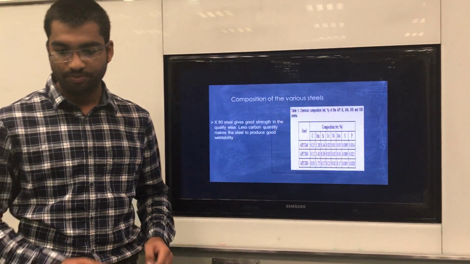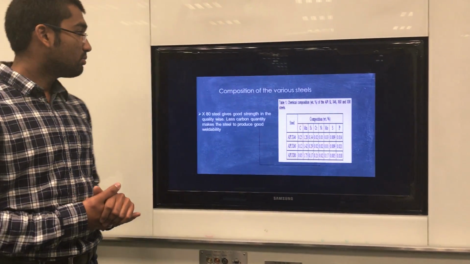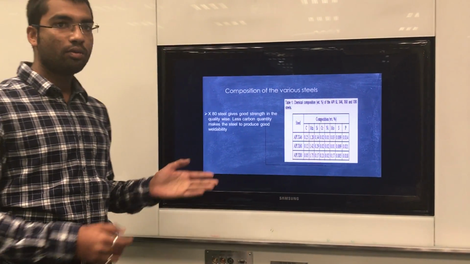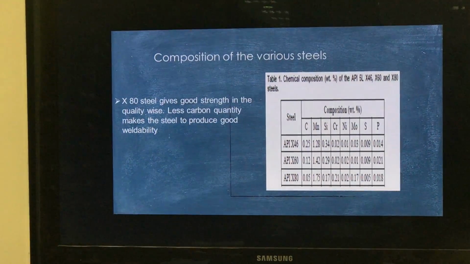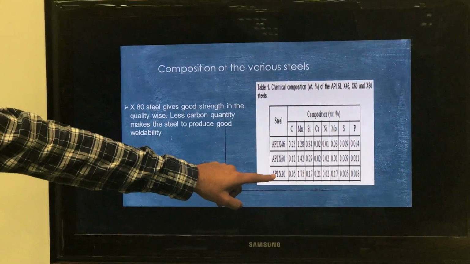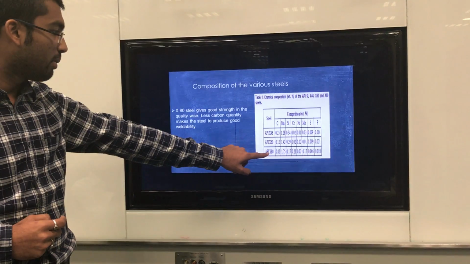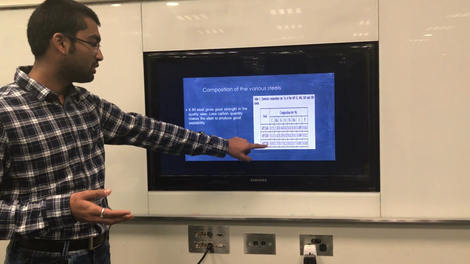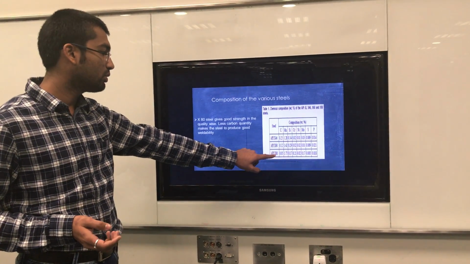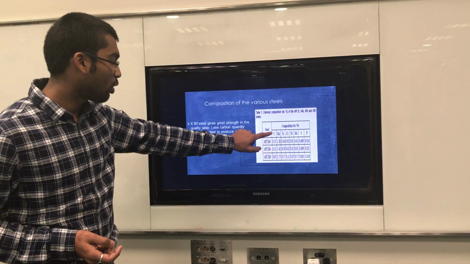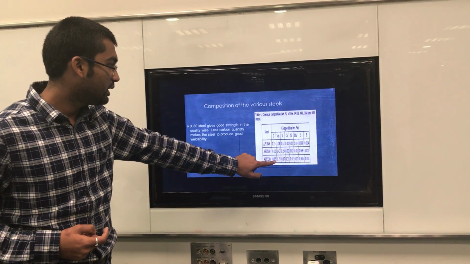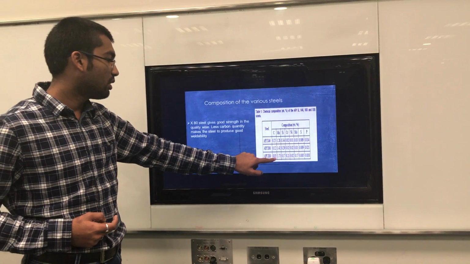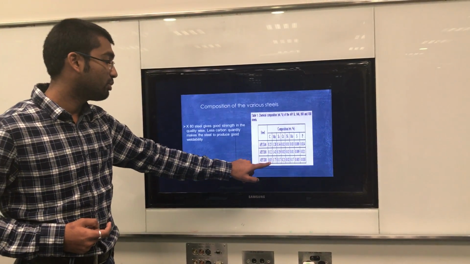In the next slide, we are going to see the composition of the various steels. Before explaining my X80 steel, which I'm going to test, compared to these steels it has a low carbon composition.